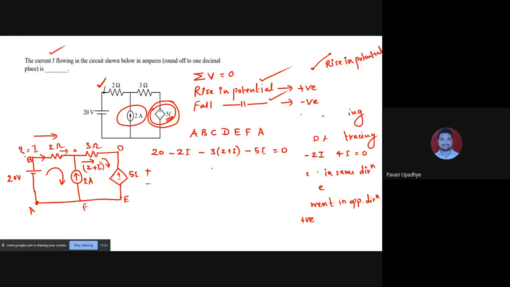So when you simply solve this equation, 2 into 3, 2 plus 3, 5, 5 plus 5, so 10I, and minus 6 is what will remain, equal to 0. What we get is 10I is equal to 14 and I is equal to 1.4 ampere.